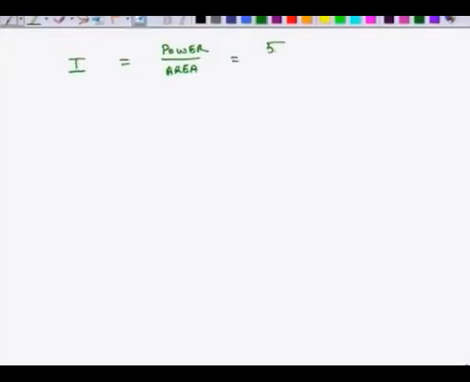But in case of a spherical source, we do not have to worry about it. All we have to do is find the total area and compute the ratio of power and area to find intensity. So, this is equal to 5 over 400 pi, and if we do the calculations, this comes to 3.98 times 10 to the power of minus 3 watts per square meter. So, we have figured out the value of I.